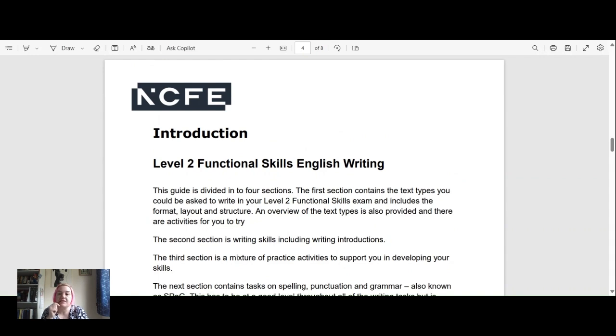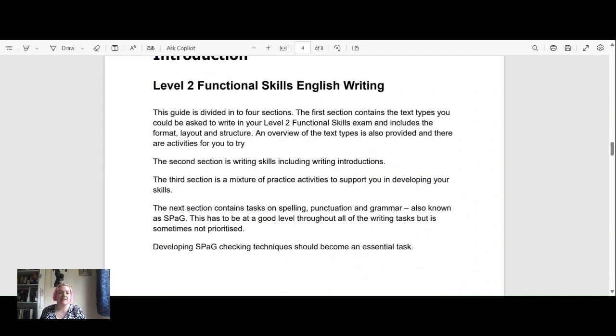The first section tells us the types of texts that you could be asked to write in a Level 2 Functional Skills Writing exam. The second section is talking about writing skills. The third section is some various practice activities that I am more than happy to send out to you all. And then the final section is talking about your spelling, punctuation, and grammar, or SPAG.